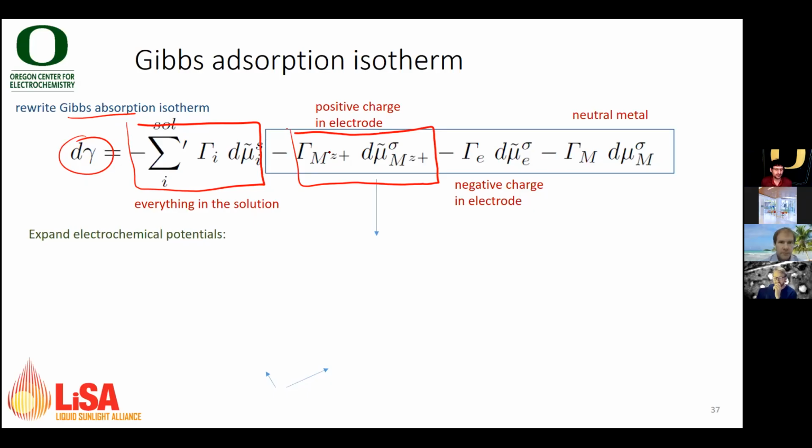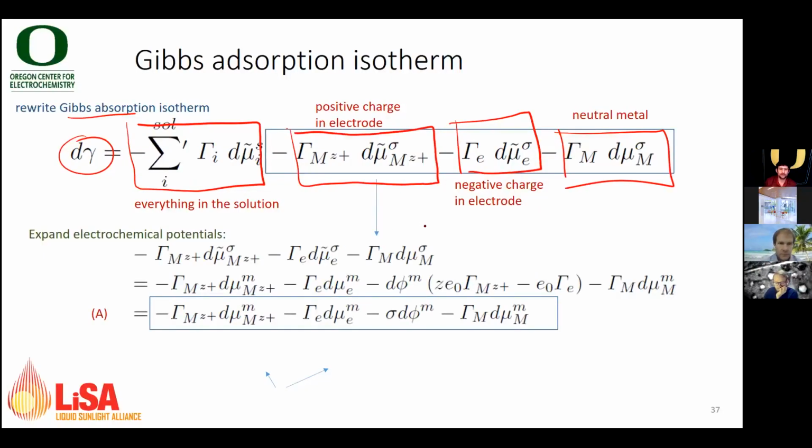What he really means is, in the metal, there could be a lack of electrons, and that could give rise to positive charge in the metal, or there could be negative charge in the metal, which could be excess electrons. So this is just that expression where we pulled these terms out. And then, of course, there are these neutral metal atoms that make up the metal surface, and those could be important too.